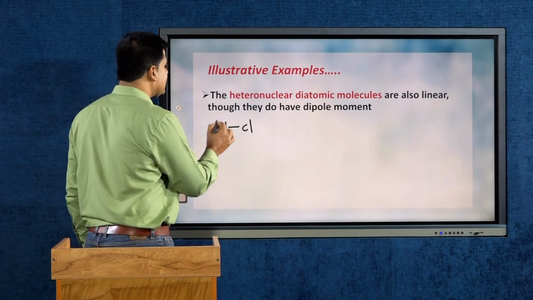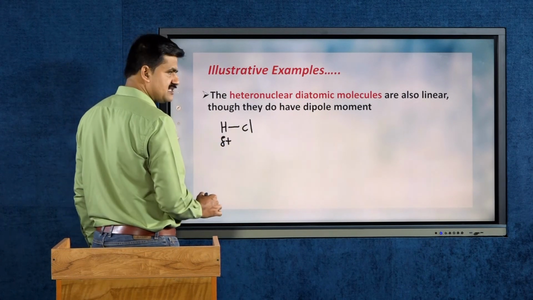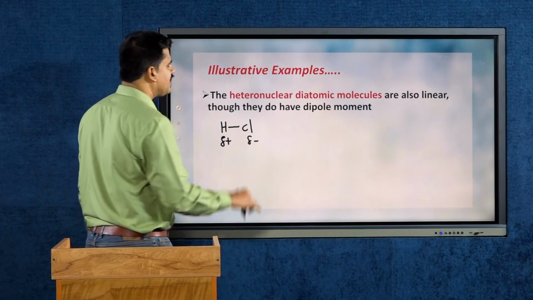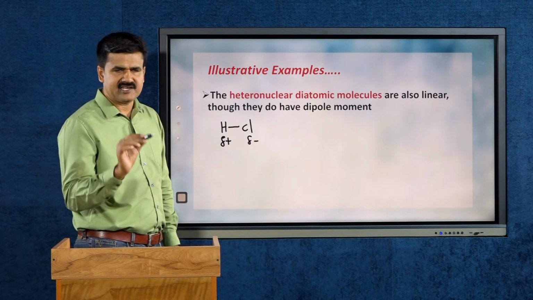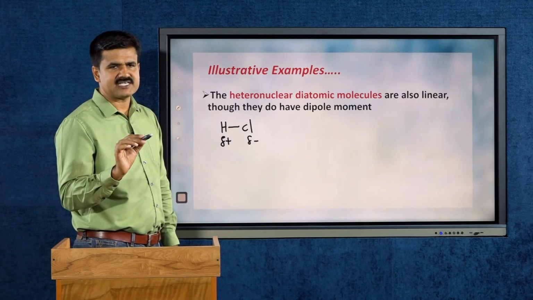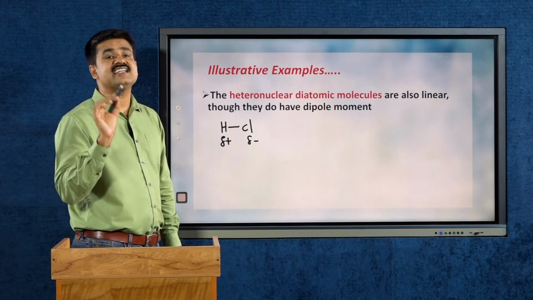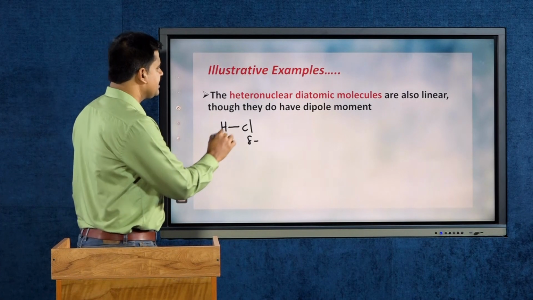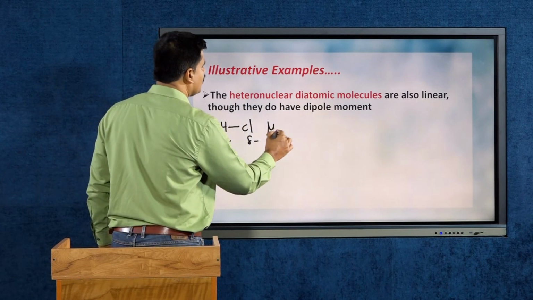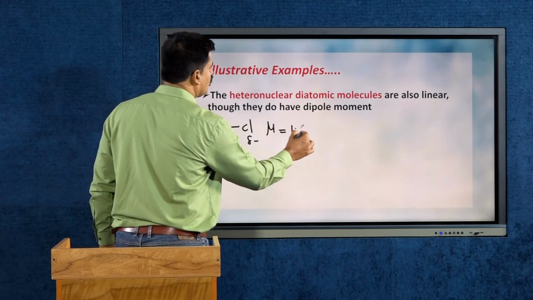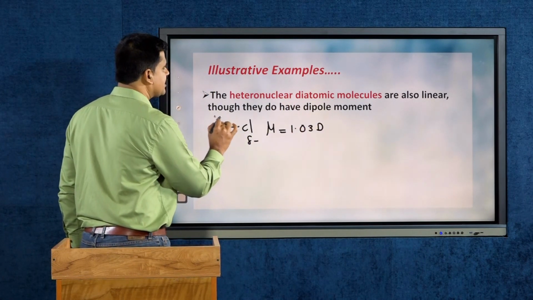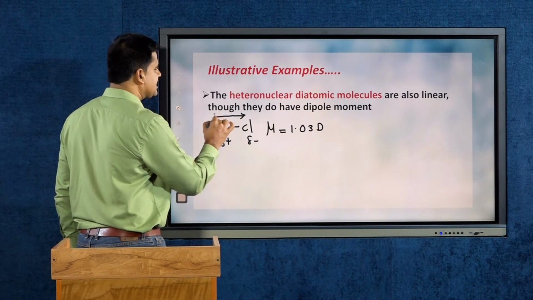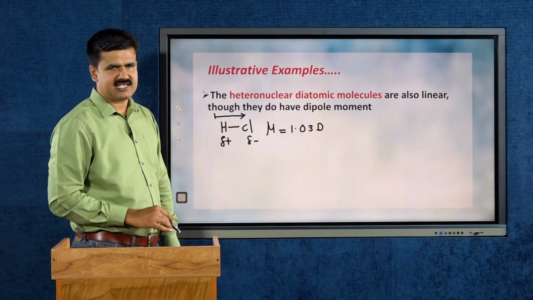So, hydrogen acquires a partial positive charge, chlorine acquires a partial negative charge, and hence there is polarity, charge separation, and hence there is net dipole moment. In this situation, the dipole moment value is equal to 1.03 D. And the direction of the dipole moment is from positive to negative end of the dipole as shown here.